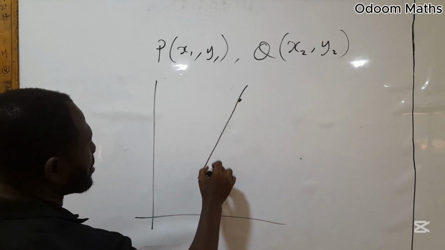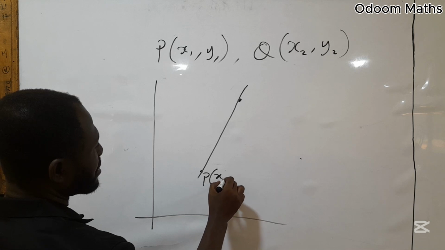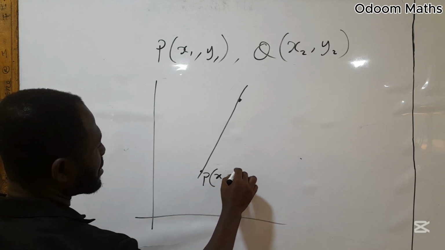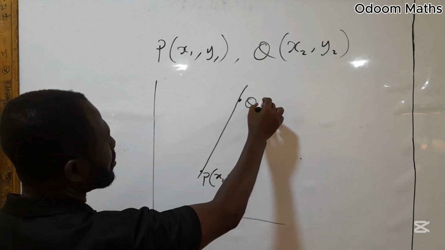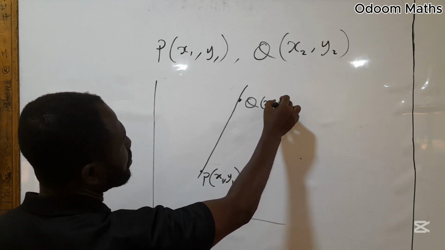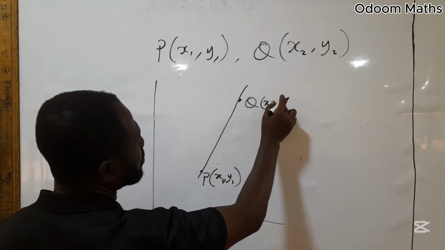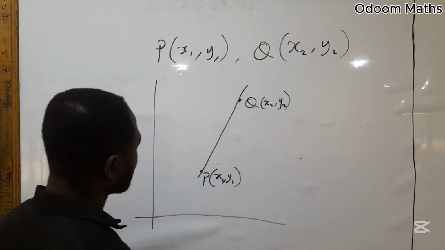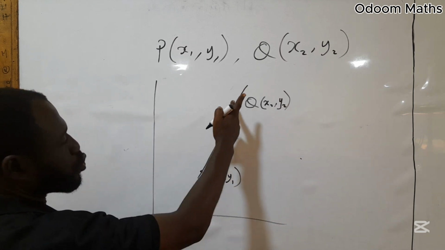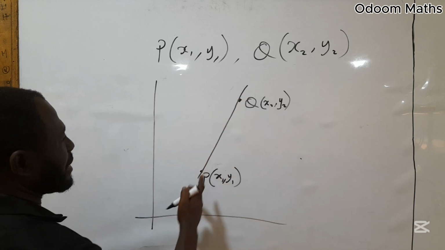So P, x1, y1, and then Q, x2, y2. Okay, so let's find the gradient or the slope of this line.